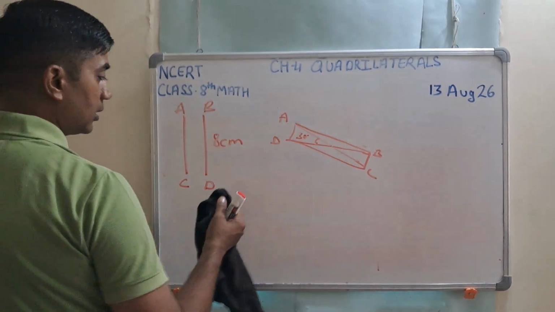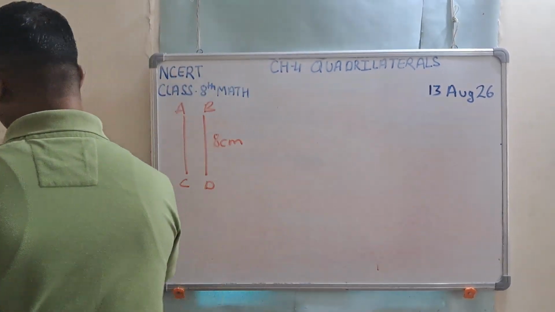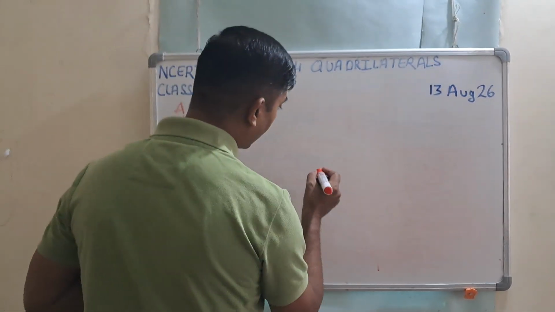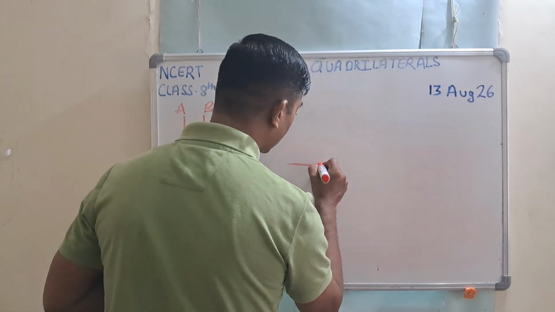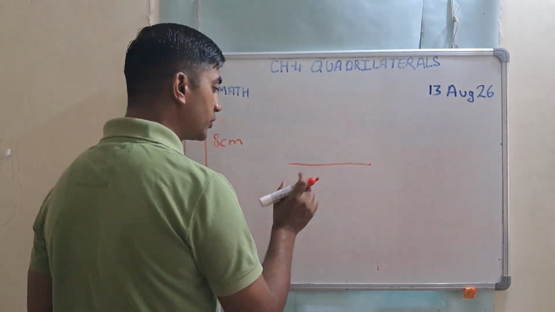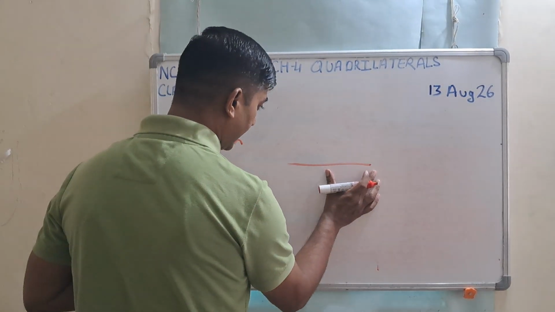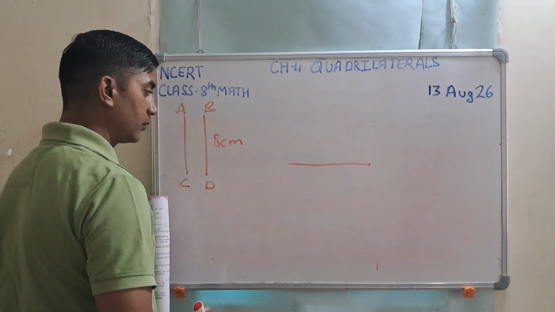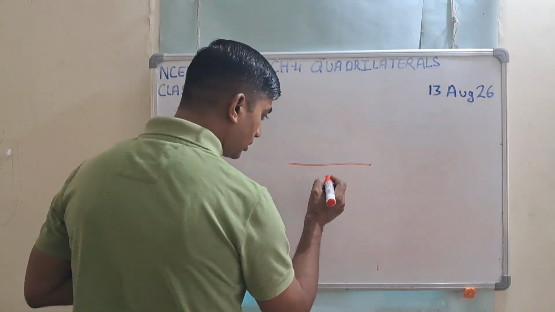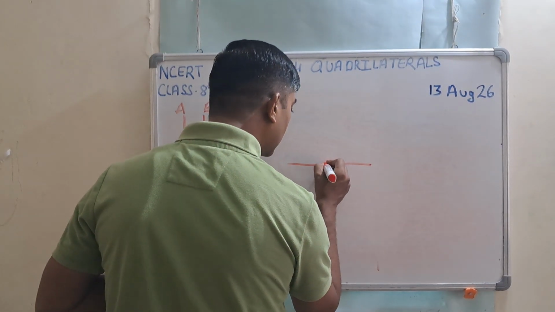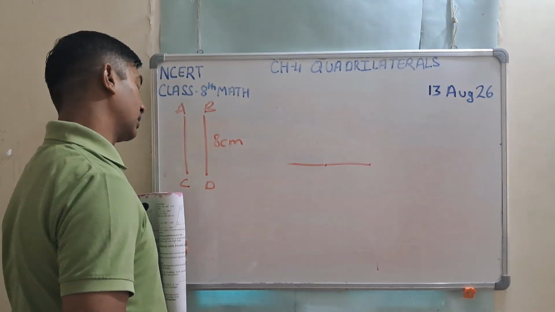I will explain one, and the rest of the figures will have the same process of construction. First, in your notebook, using your scale, draw a line segment of 8 centimeter length. What is the length of this line segment? 8 centimeter. Mark the midpoint. The midpoint is at 4 centimeter.